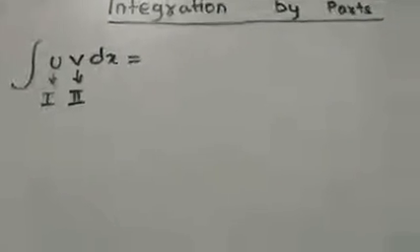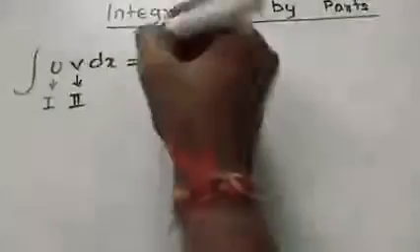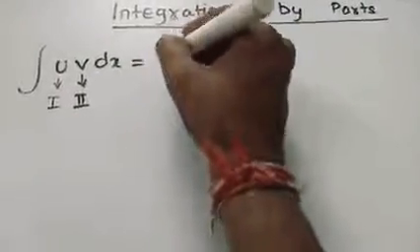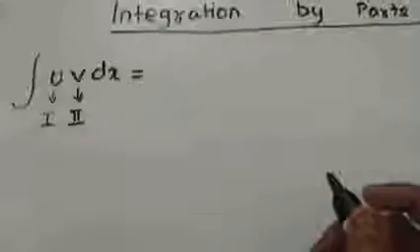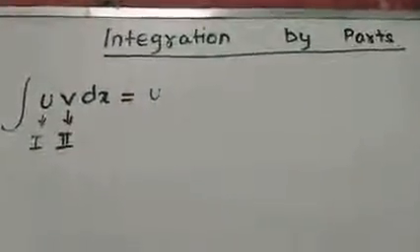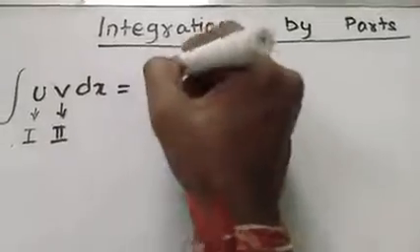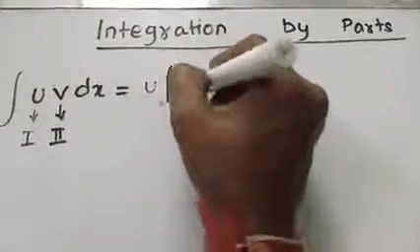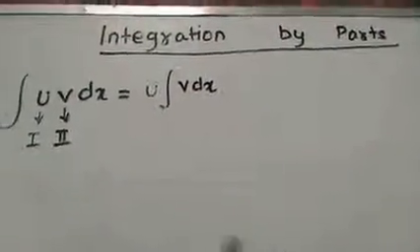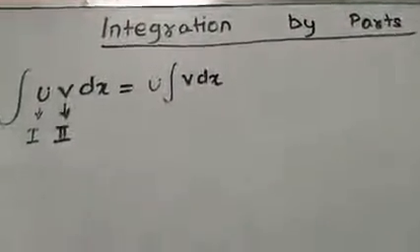function. Now the rule says that, just remember the rule. First of all, starting with the first function u, integration over the second function v. Okay, just remember that always the second function will be going to integrate.